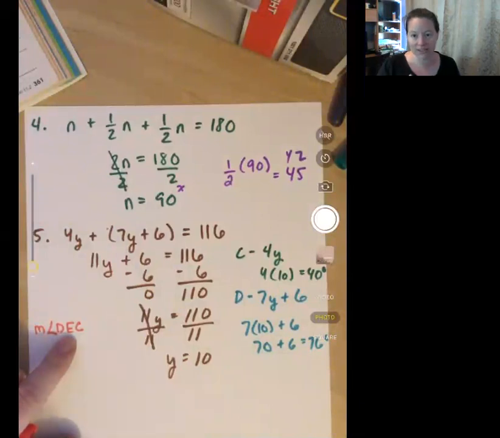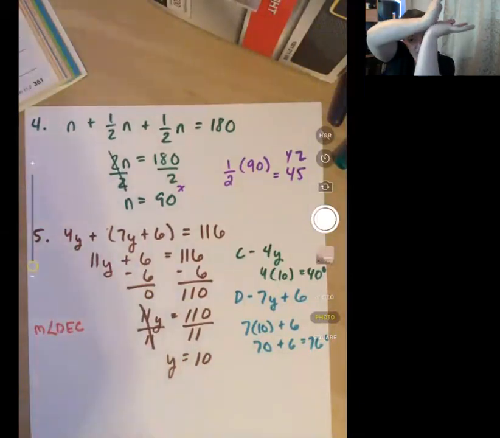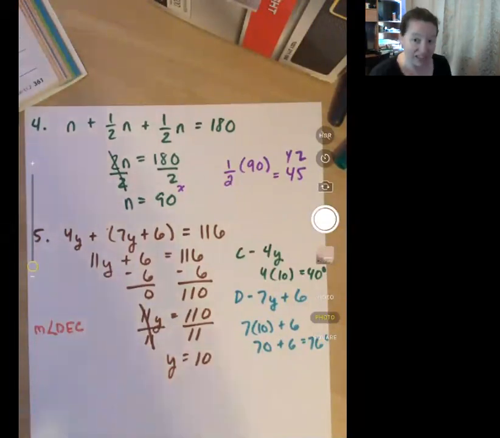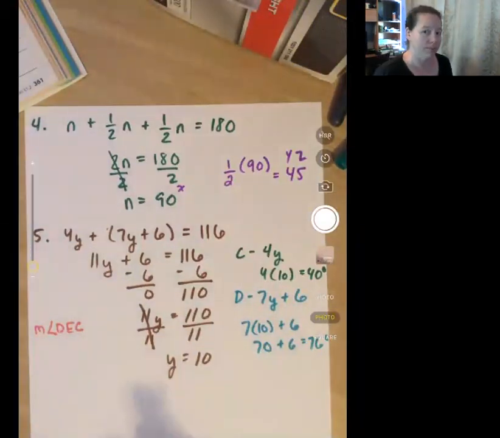The C and the D tell you the lines that are connecting, but the connector is E, okay? So we're looking for the E on there, and then we're looking to see which two lines we're talking about. It just so happens that it is the last interior angle. That's the one that we're actually looking for.